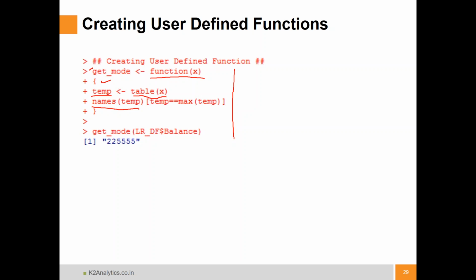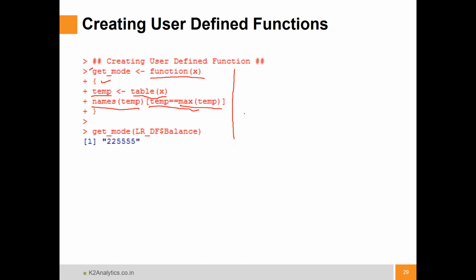But in a mode, I don't want all the categories to be shown. I want the category for which the frequency is the maximum. So max of temp returns the maximum value, and I compare that row by row for all the rows. Wherever the row matches the max, that index will come and the corresponding name will be printed, and that's how I get the mode.